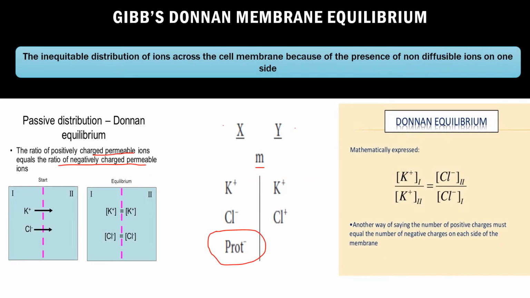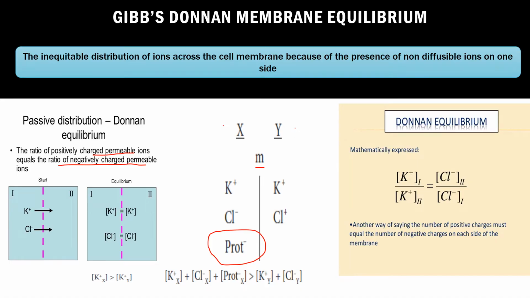Now consider this situation. At the central portion you can see there is a membrane, and on one side of the membrane we have the X compartment, on the other side we have the Y compartment. Now this membrane is impermeable to charged protein, that is, the protein molecule cannot cross the membrane, whereas the membrane is freely permeable to potassium and chloride.